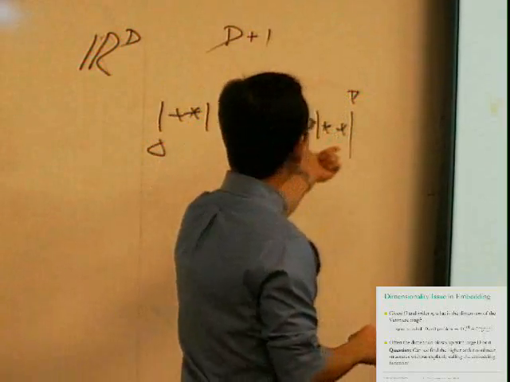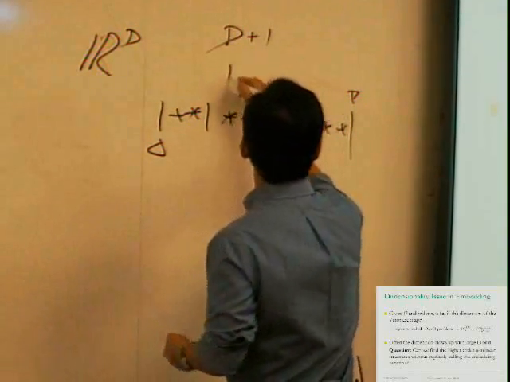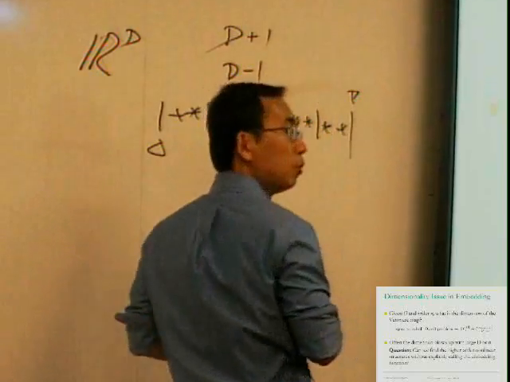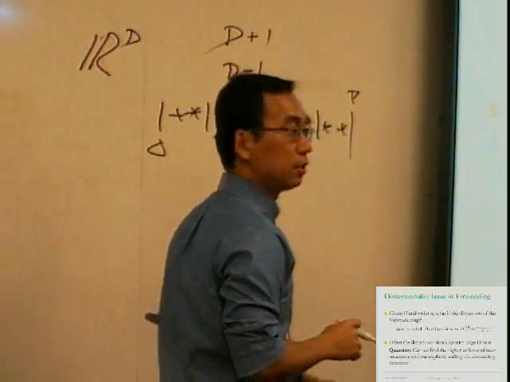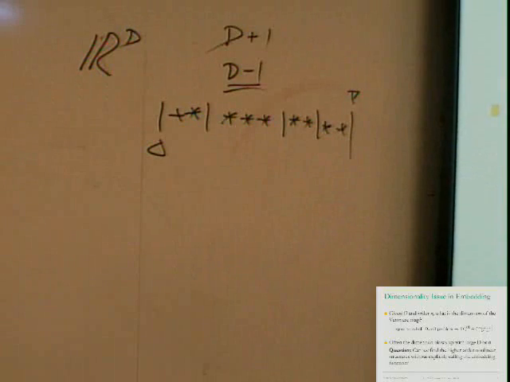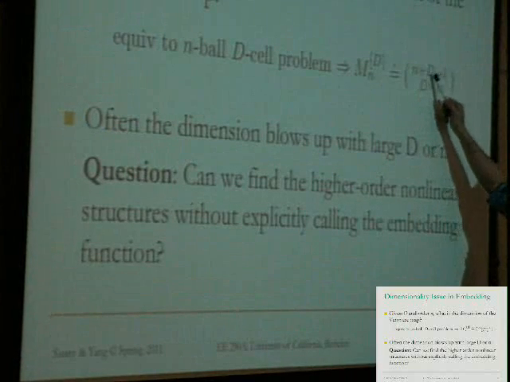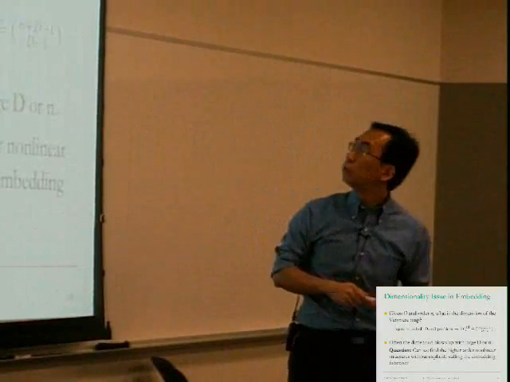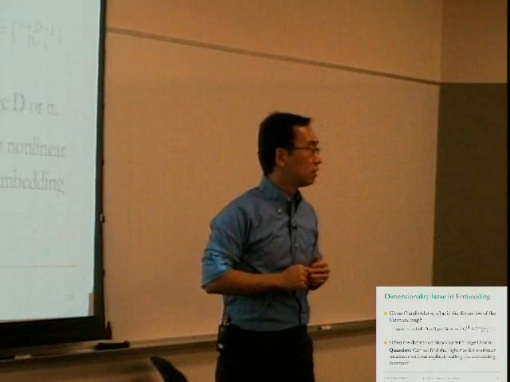So these are fixed. You only have D minus 1 possible ways of arranging dividers. That gives you the total number of objects you can arrange to be n plus D minus 1. Out of that, you choose either n or D minus 1. So that's the solution.